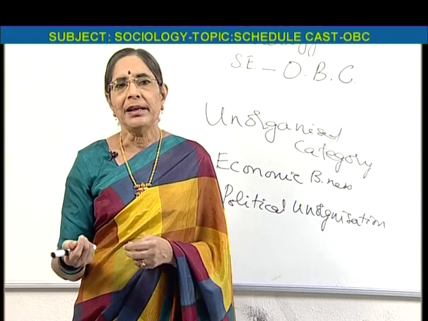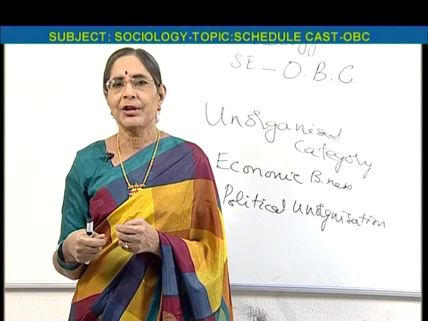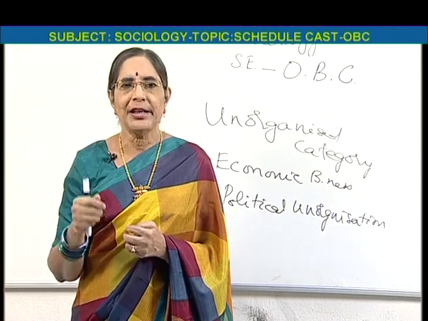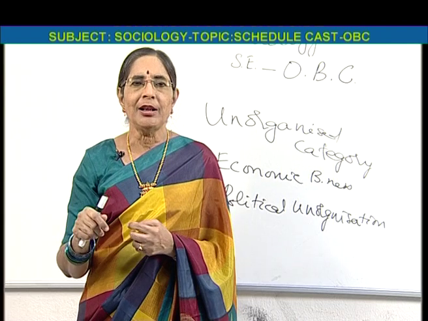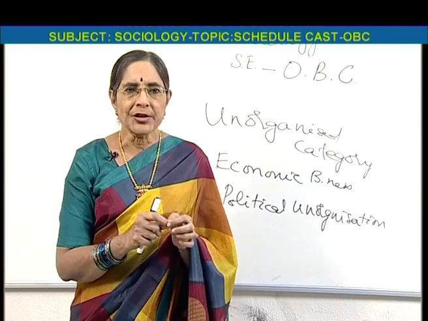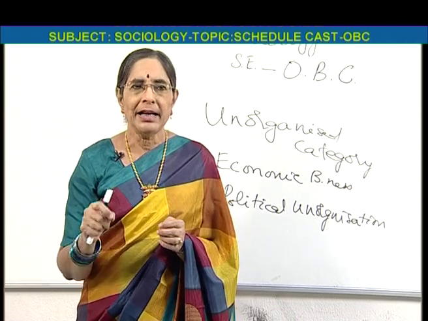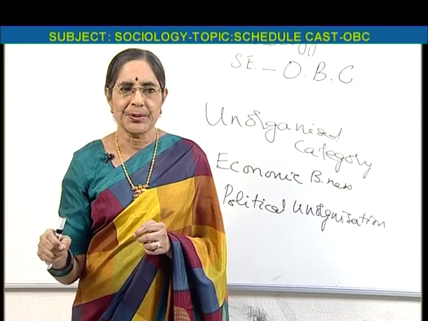Then the government appointed another committee, with a department secretary as chairperson. Even this committee felt that there is a strong link between caste and class, backwardness and lower castes.